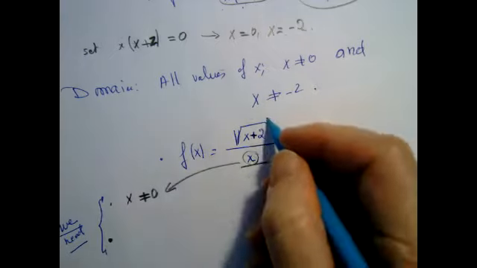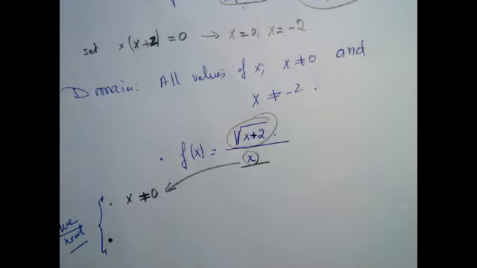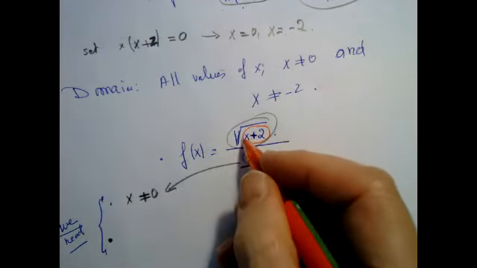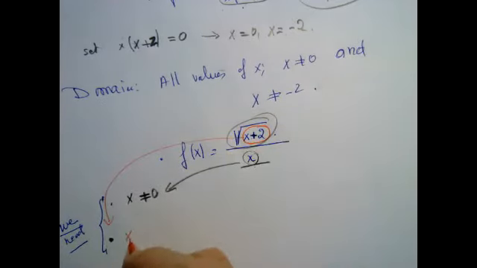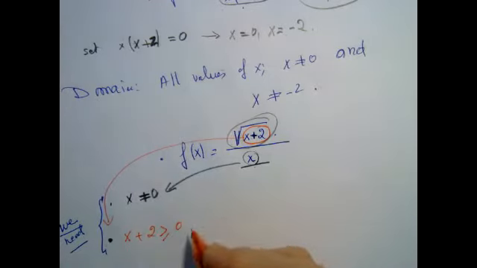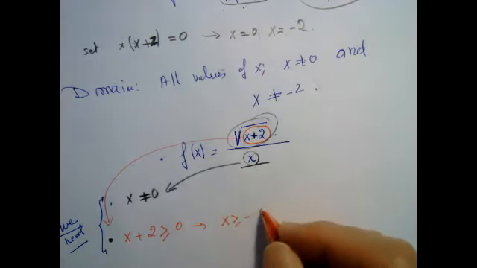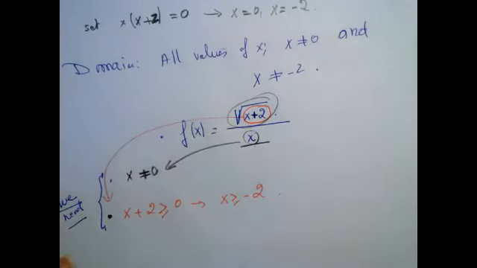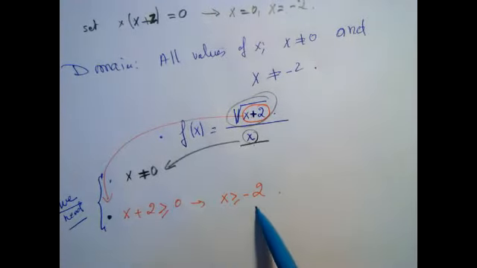Now, I have a numerator that involves a square root. Which condition does the numerator impose on me? The numerator tells me you need x plus 2 to be positive or equal to 0. It means you need x to be bigger than or equal to minus 2. So what's going to be the domain here? Every number bigger than or equal to minus 2 is allowed except 0.